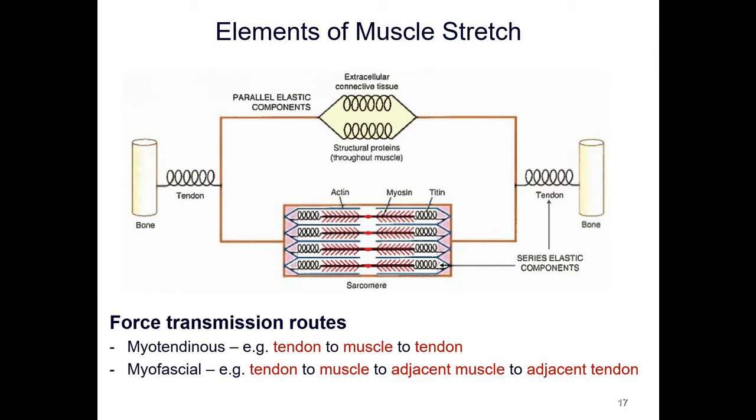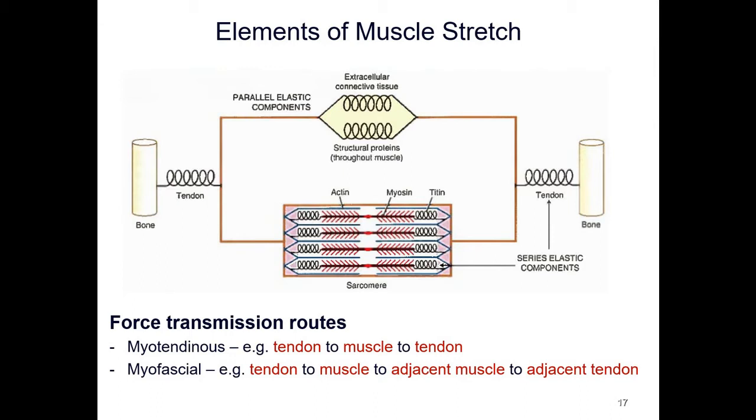When we consider a muscle in vivo, that is, embedded within the complex tissue network of the body, we see multiple force transmission routes. The major force transmission routes are myotendinous and myofascial. Myotendinous force transmission involves forces transmitted from tendon to muscle to tendon.